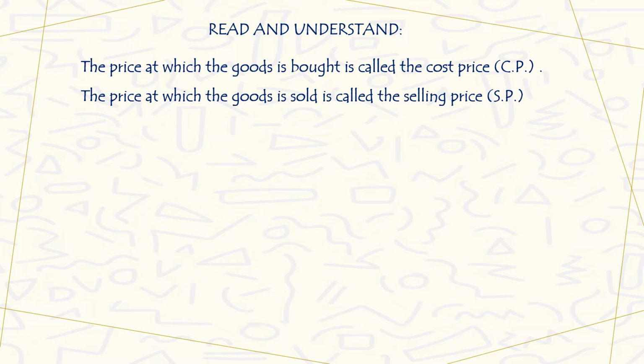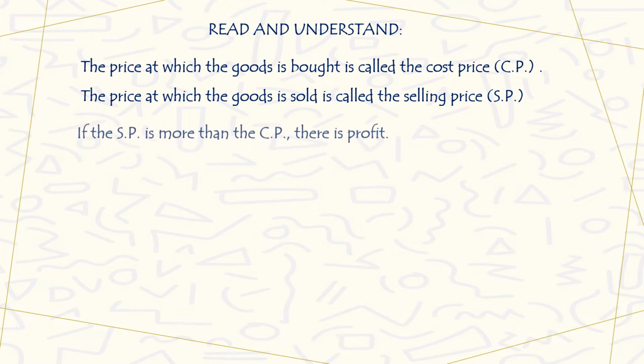So understood what is the difference between the selling price and the cost price? Cost price means when you purchase an item, the price at which you purchase it, that is the cost price, and the price at which the good is sold is the selling price.